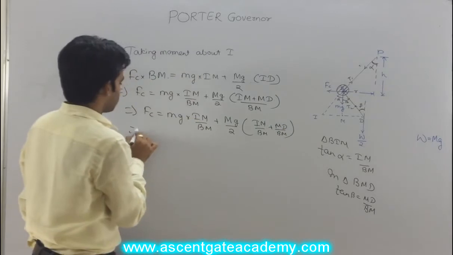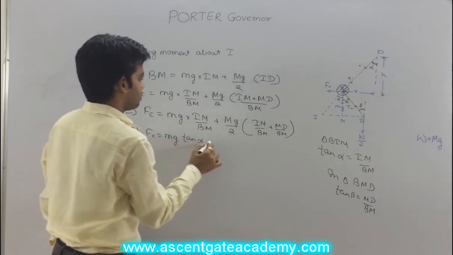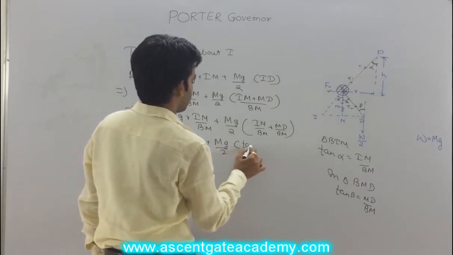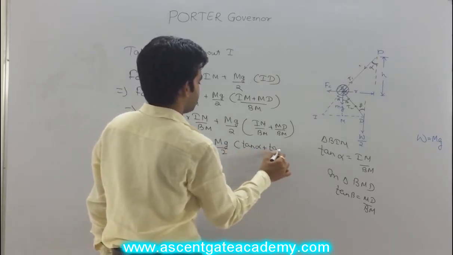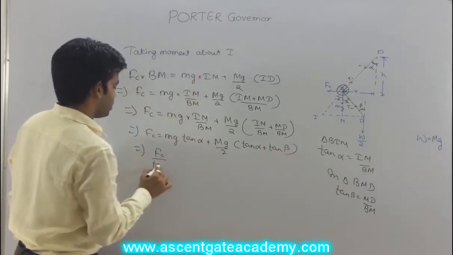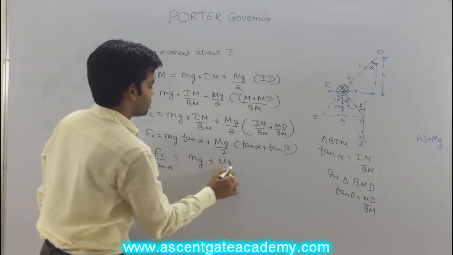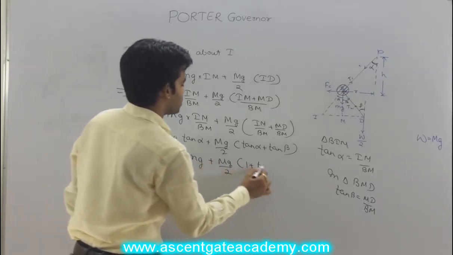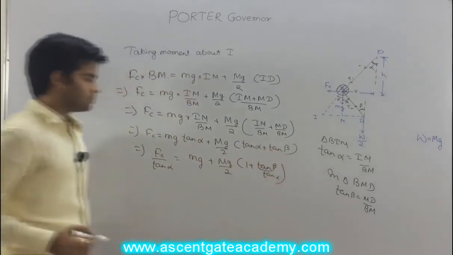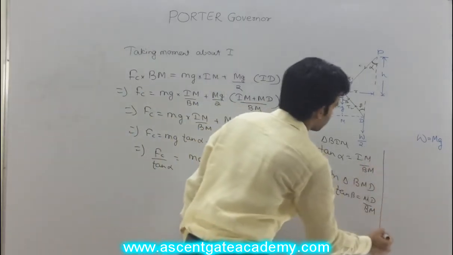Put the values, so this will be Fc is equal to mg into tan alpha plus Mg by 2 into tan alpha plus tan beta. Further, dividing the whole by tan alpha, this can be written as Fc upon tan alpha is equal to small mg plus capital Mg by 2 into 1 plus tan beta by tan alpha. Clear or not?